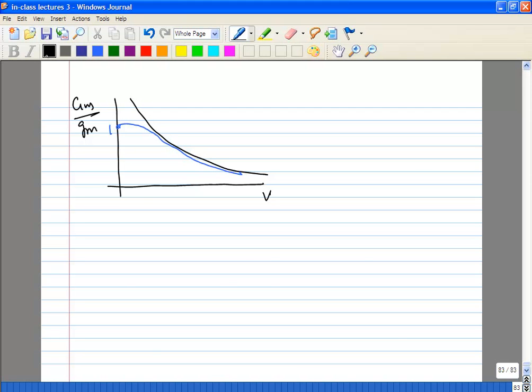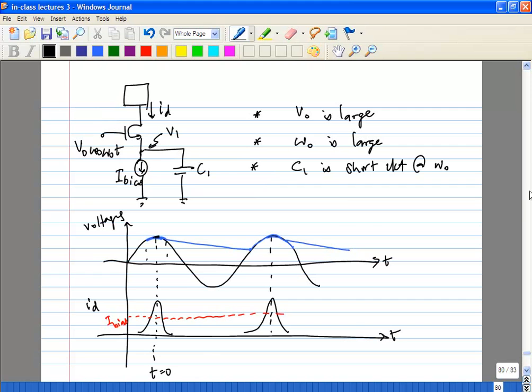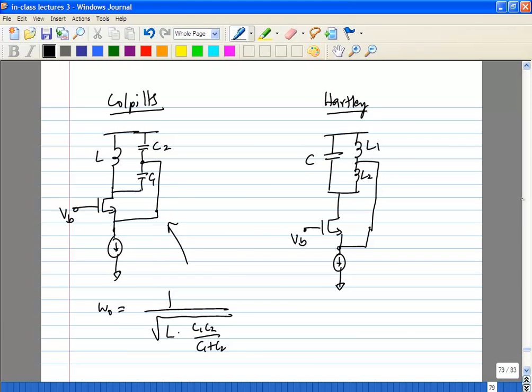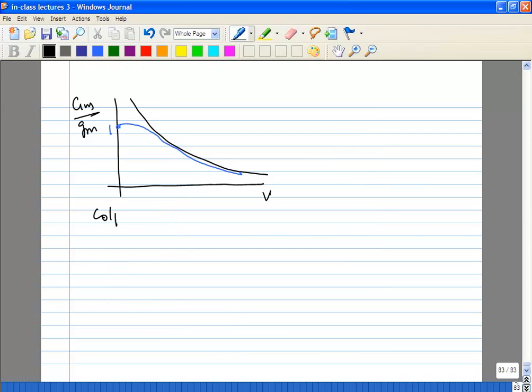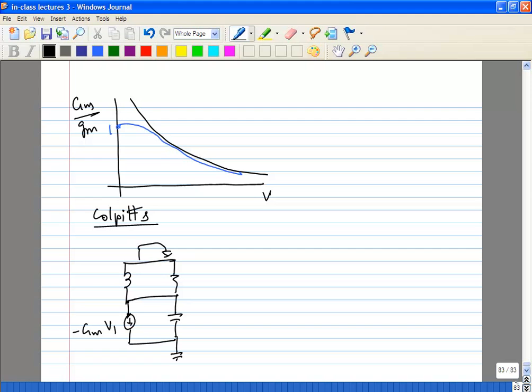Okay? So now we are in a position to redraw the equivalent circuit for the Colpitts in terms of its large signal transconductance. So you have your minus GM times V1.